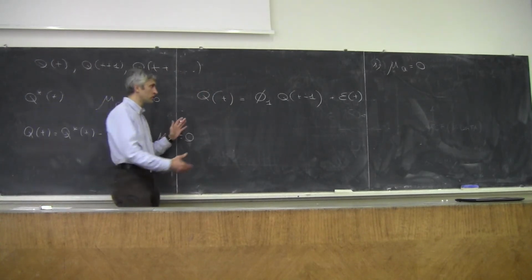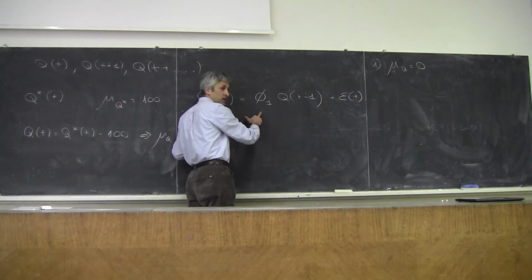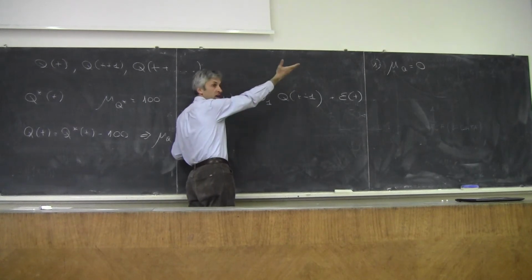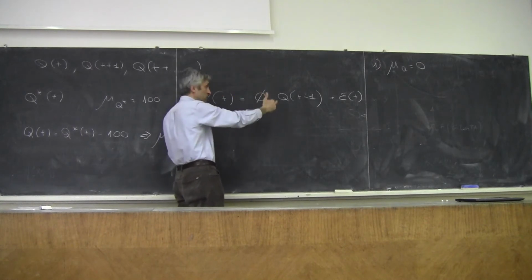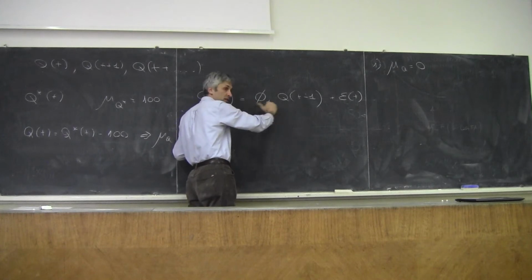Of course, you introduce memory here. You see, if phi is greater than 0, if qt minus 1 is very high, like a flood, then also qt, which is the subsequent observation, is very high, because it's multiplied by a coefficient which ensures the dependence.